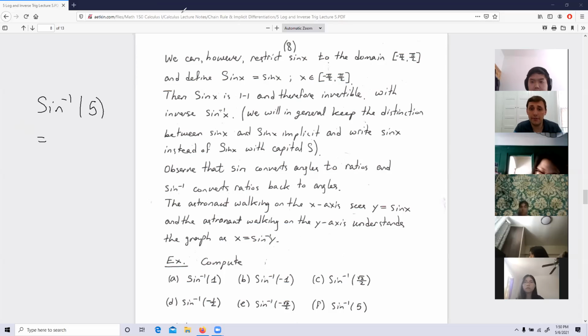Sine inverse of the number 5. What value does sine map into 5?